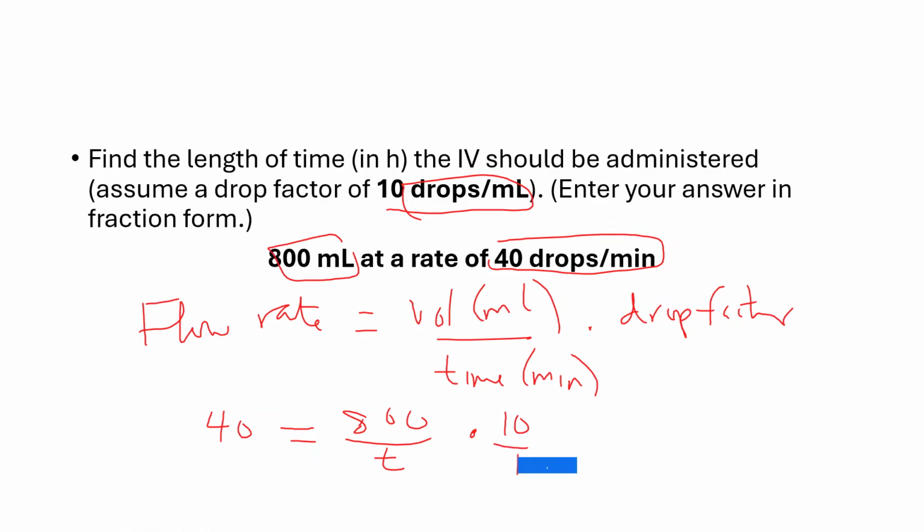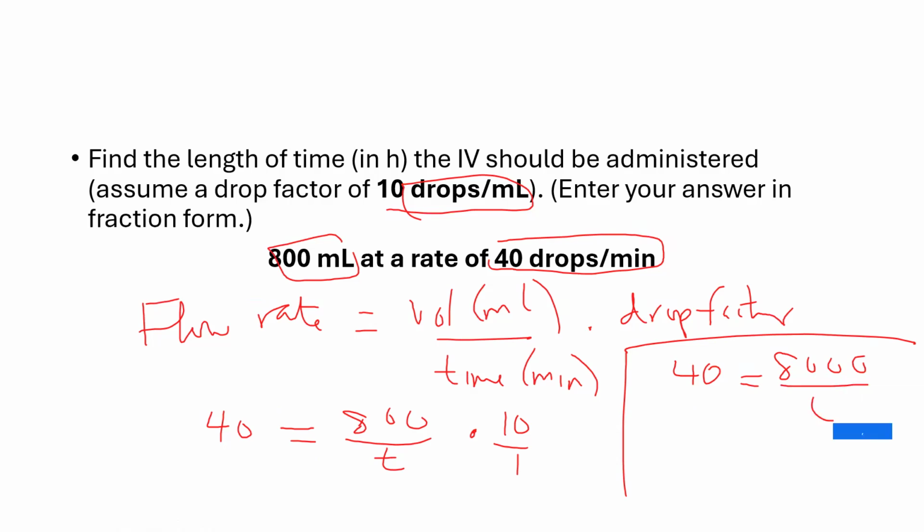To solve this, I've got 40 equals 800 times 10, which is 8,000, divided by t. So I would do t over 1 and then cross multiply. If I cross multiply, I've got 40t equals 1 times 8,000, which is 8,000. And then I divide both sides by 40.